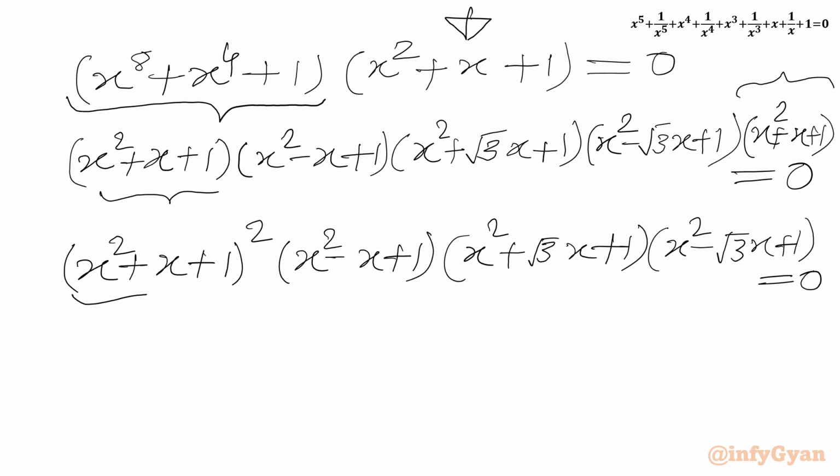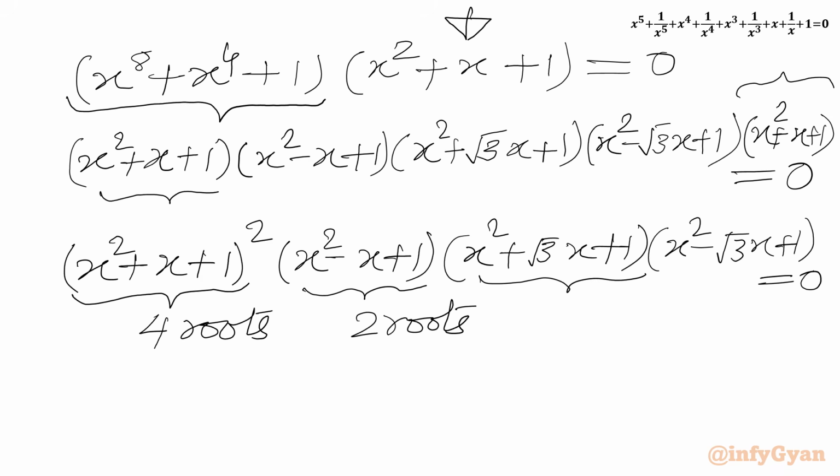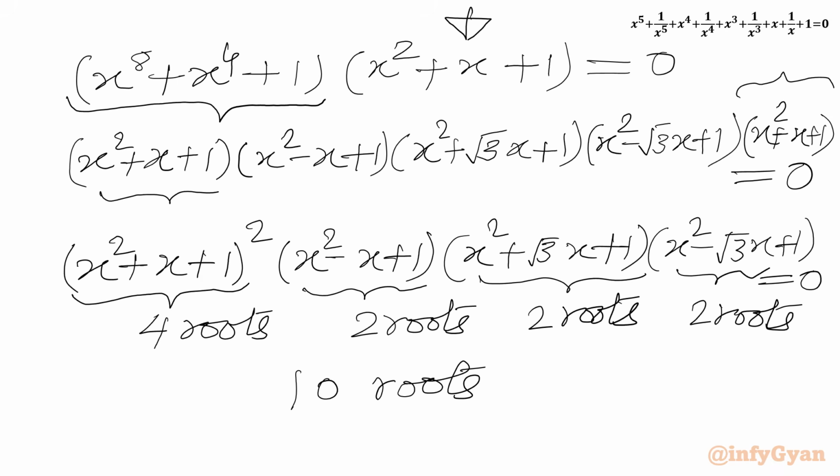So from here we are going to get 4 roots. From this bracket we are going to get 2 roots. From this bracket we will get 2 roots. And from the last bracket we are going to get 2 roots. So overall 4 plus 6, 10 solutions or 10 roots are here.